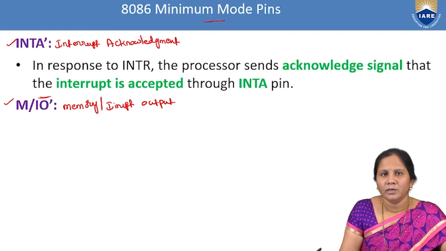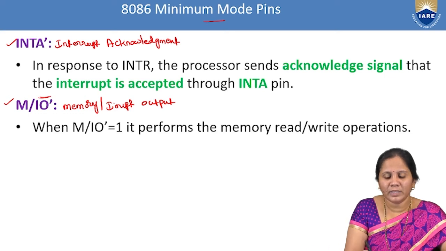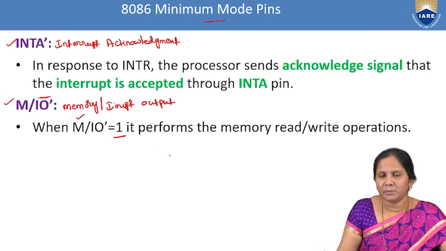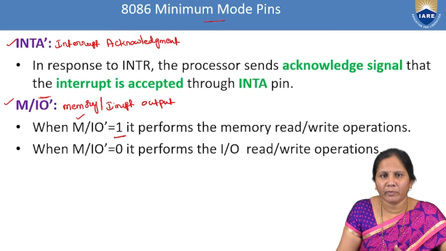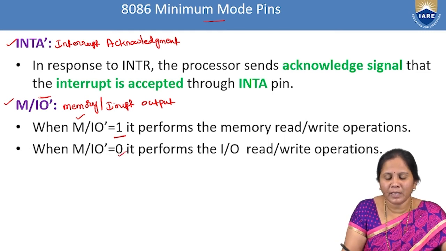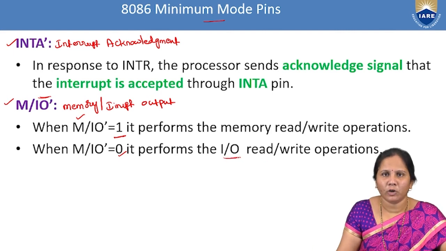M is the active high signal and IO bar is the active low signal. When this M by IO bar signal is 1, it indicates memory operation. That means reading or writing operation will be performed with the help of memory. And when this M by IO bar is 0, it performs the IO read and write operations.